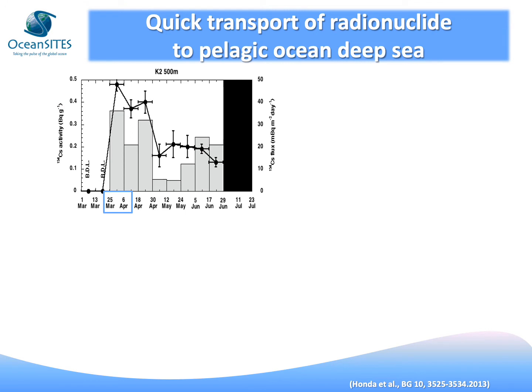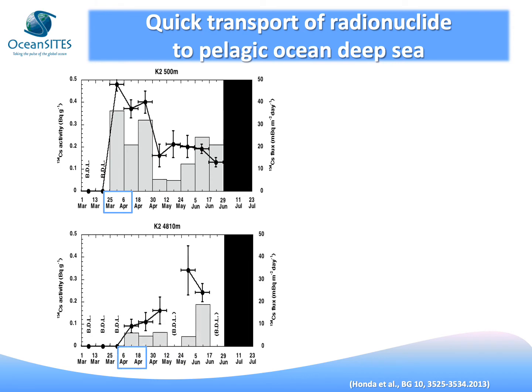At 500 meters of station K2, the power plant derived radiocesium-134 was detected at first from marine snow collected between 25th March and 6 April. At about 5,000 meters of station K2, radiocesium-134 was detected at first from marine snow collected between April 6 and 18th April, one collecting cup after the cup of 500 meters.